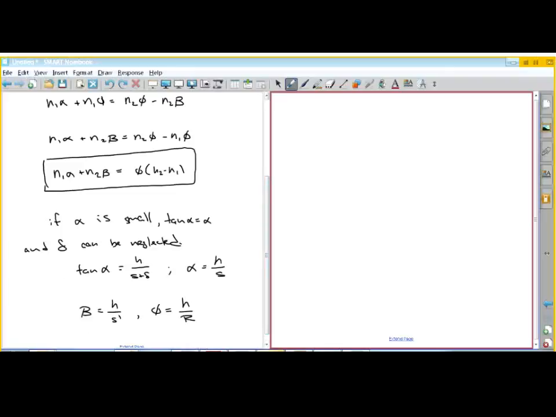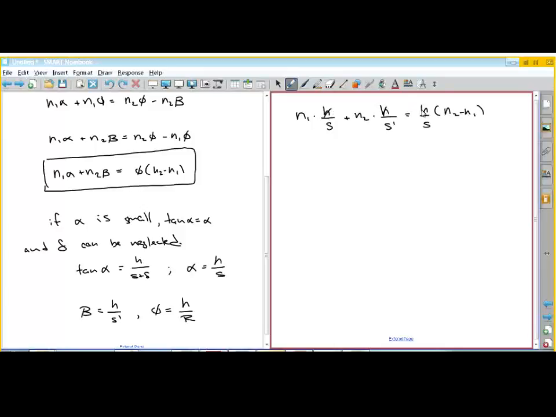And then as a final substitution, we're going to substitute these 3 into there. So I'll have n1 times alpha, alpha is equal to h over s, plus n2 times beta, but beta is equal to h over s prime. And that's equal to phi, but phi is h over r times n2 minus n1.